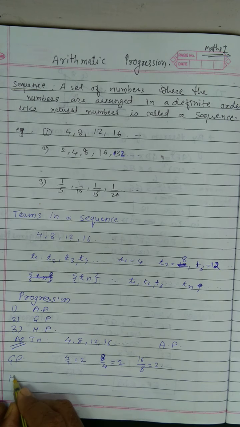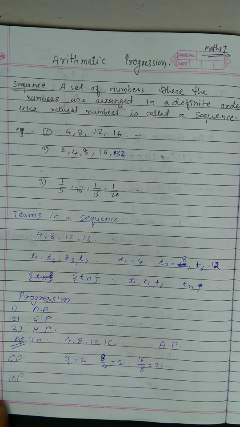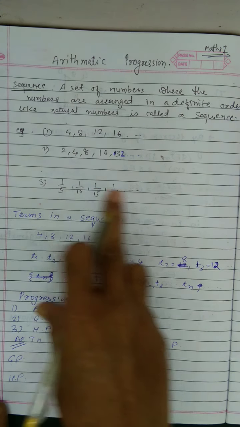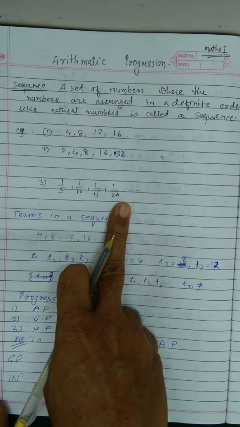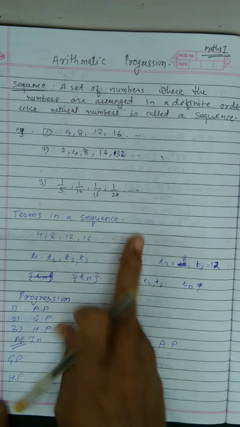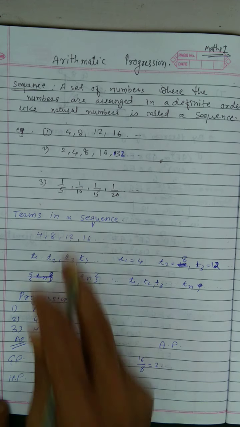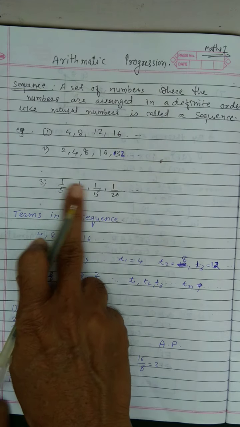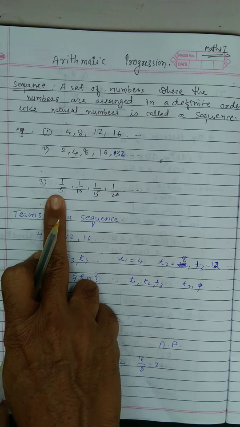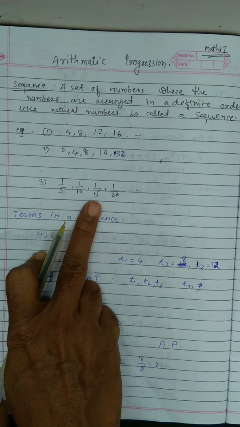And what is third? HP. HP is the harmonic progression where the numerator is 1 and the denominator is in an AP, then it is called a harmonic progression. The third example is the harmonic progression, HP. That means the numerator is 1 and the denominator is 5, 10, 15, 20.